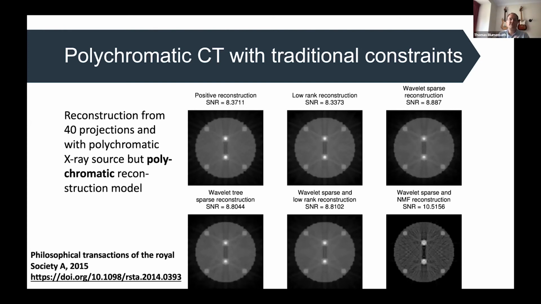So it's our data described as a mixture of different energy profiles. And we see that with this more accurate model, regularized correctly, even if we just image with one source energy, we get better reconstructions.